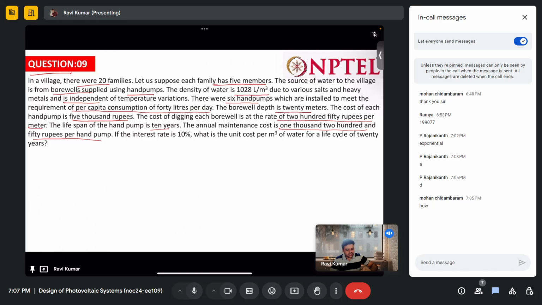And if the interest rate is 10%, then what is the unit cost per meter cube of water for a life cycle of 20 years? So you need to calculate the unit cost per meter cube of water if we are withdrawing this water for 20 years. And these are the options.